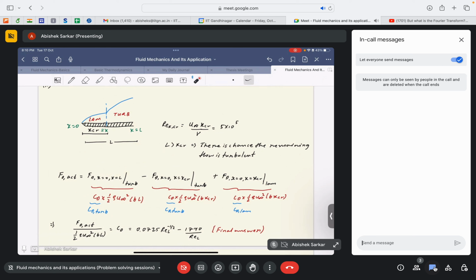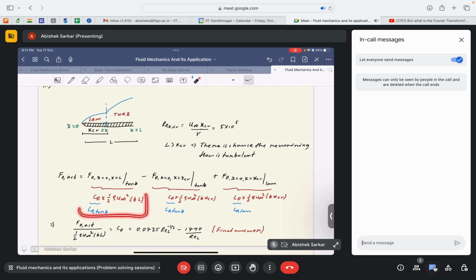Since the boundary layer is turbulent, we assume the flow is turbulent throughout the boundary layer. So we start from x equal to 0 and go to x equal to L, and evaluate the drag force because of a turbulent velocity profile. This is what we have done here.